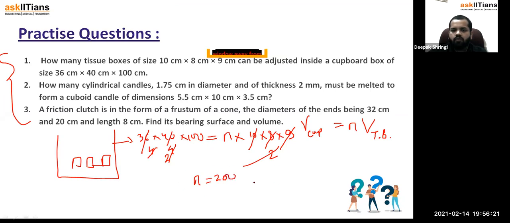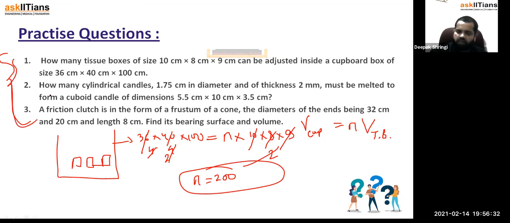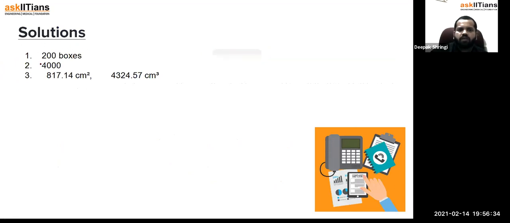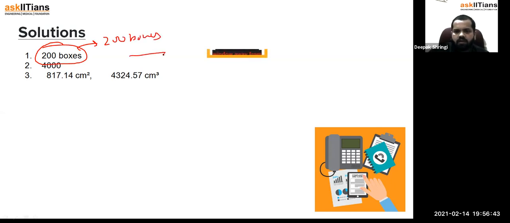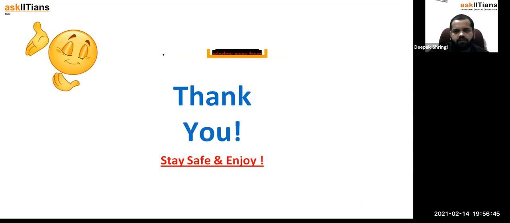So n will be your 200 number of tissue boxes that can be adjusted inside a cupboard box, right? So guys, try solving the whole thing. The solution is also there. We have calculated the first question: 200 boxes can be stored in your cupboard box, right? So guys, this is all about our session. Thank you very much.